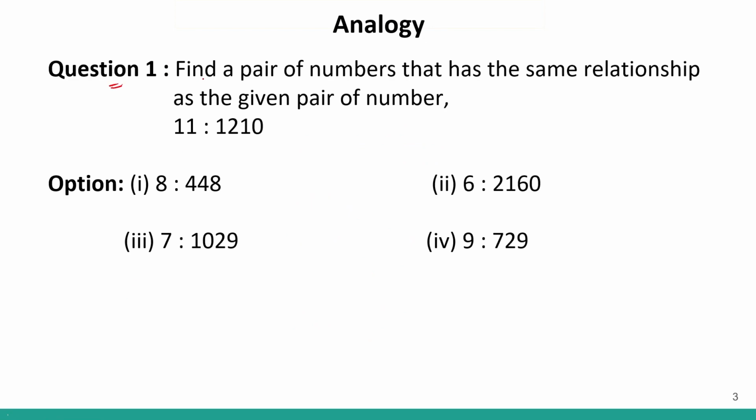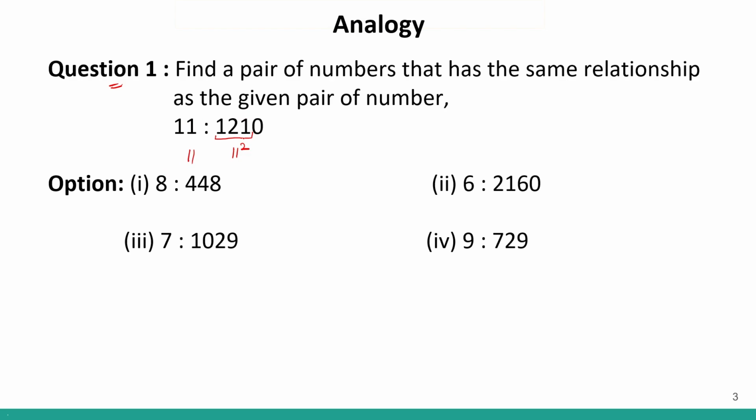Question number 1 says, find a pair of numbers that has the same relationship as the given pair of numbers. What do you mean by this? First, we will find the relationship in this pair, and then we have to look at the options and find the same relationship between those pairs. Now, if I look at this number, 121, this is 11 square, and this is 11.